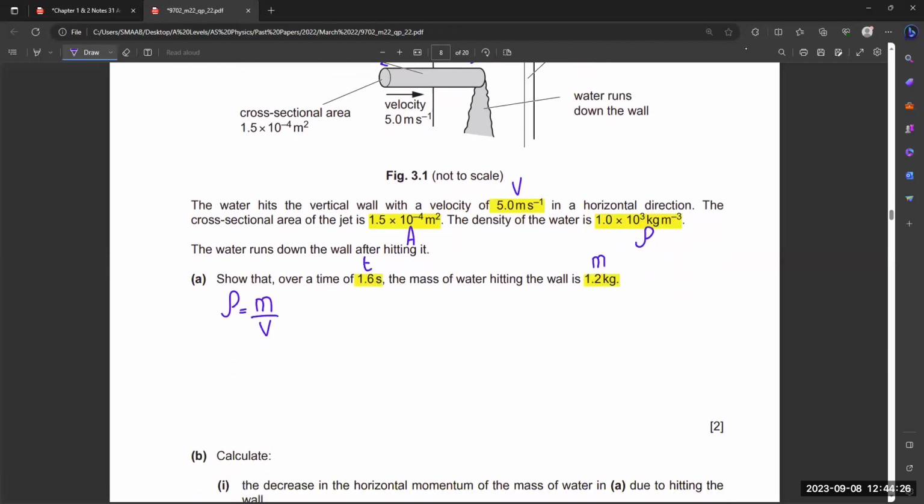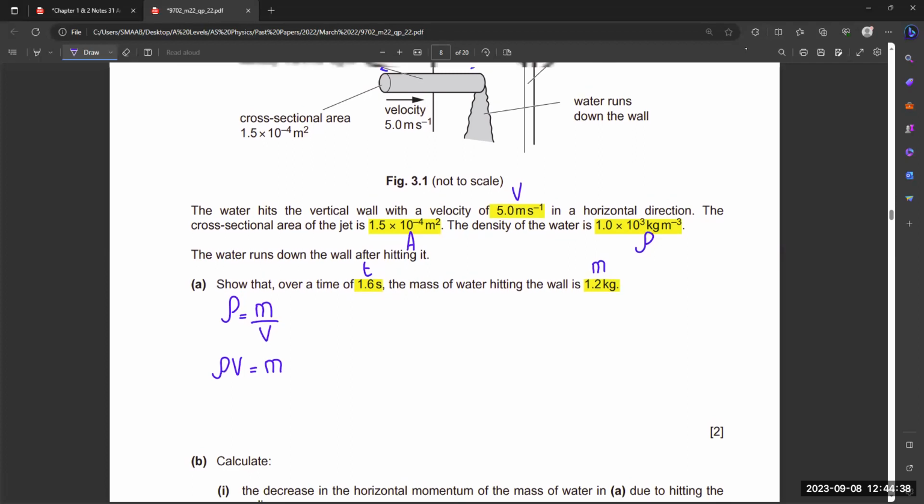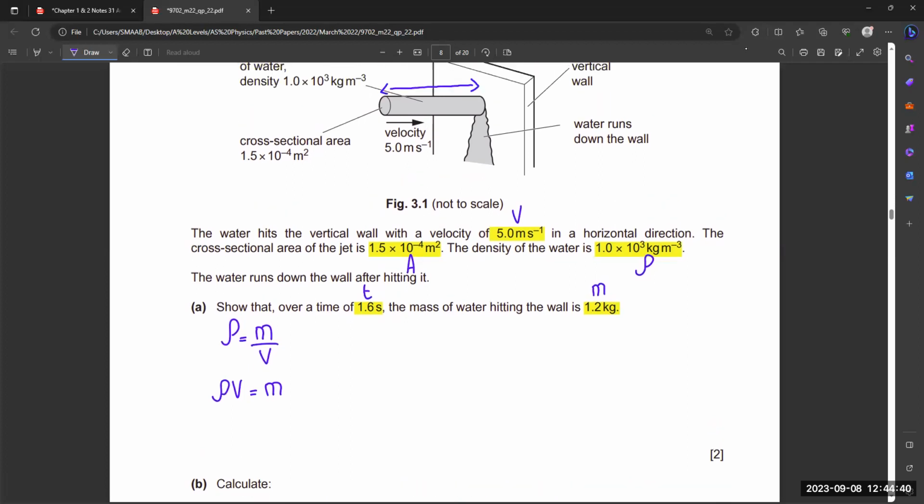From this formula, we have to multiply to get the value of mass. The volume is not completely given, so for that purpose you use the formula distance equals speed times time, and you get 8.